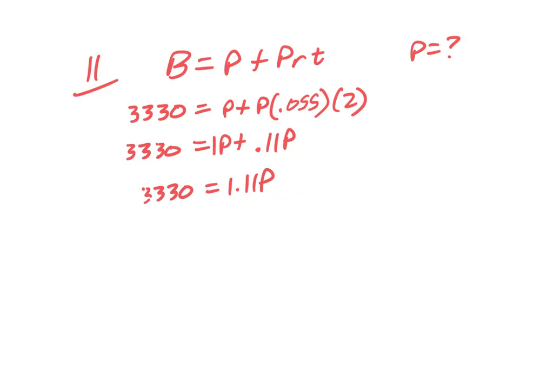And if I take 3330 divided by 1.11, that means we would have started with $3,000. So you start with $3,000, and 2 years later you end up with $330 for doing nothing. That's where compound interest is kind of a good deal, right? Make $300 and just let that money sit in the account and make you some money.